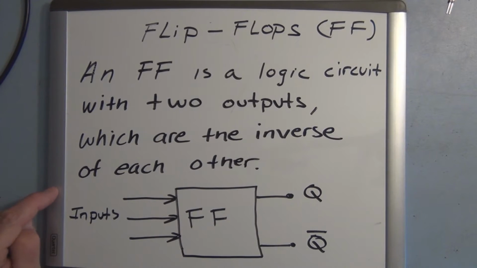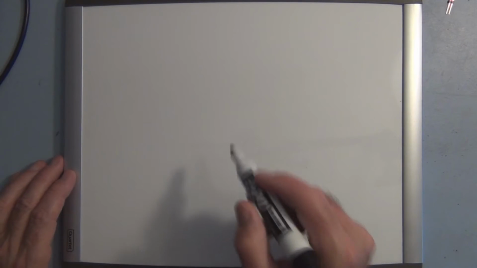And you can build a basic flip-flop either using two NOR gates or two NAND gates, and then observe its memory properties. So let's take a look at how we can construct a flip-flop using either two NOR gates or two NAND gates. So we can build a basic flip-flop using two NOR gates.